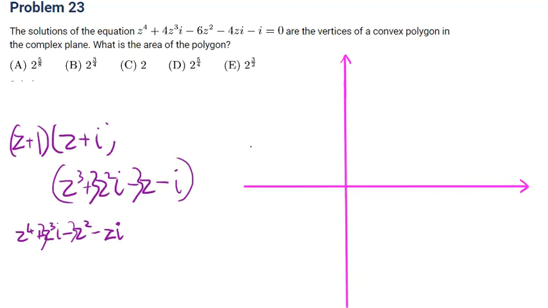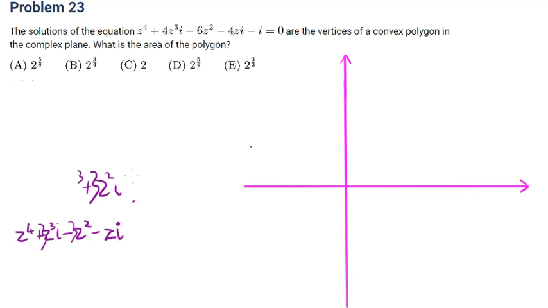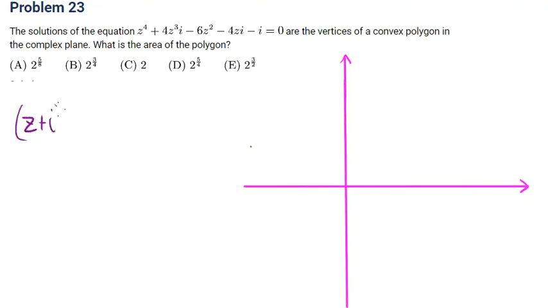Okay, maybe let's stop trying to factorize this and try to find a similar expansion. Now, of course, we already know that. It's pretty similar to (z + i) to the fourth power.